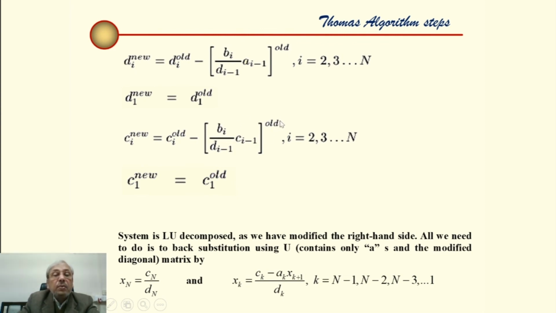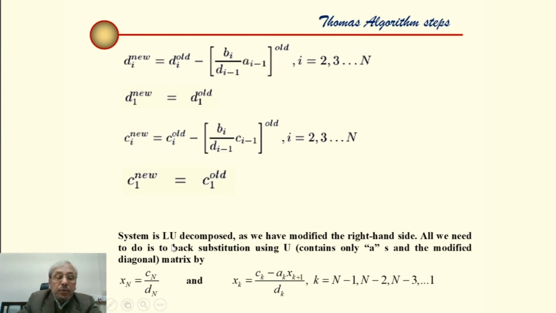Let me repeat: d1 new is d1 old, but di new is di old minus bi divided by di minus 1 into ai minus 1 old, for i equal to 2 to n. And old means the latest value available in the array. So the system is LU decomposed as we have modified the right hand side.